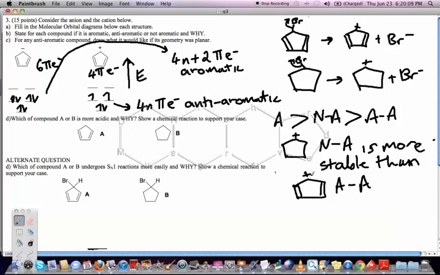And then what we can do is write a statement that links the stability of these cations to the speed of the SN1 reaction. So the one that's more stable, or forms more quickly, will lead to a faster SN1 reaction.